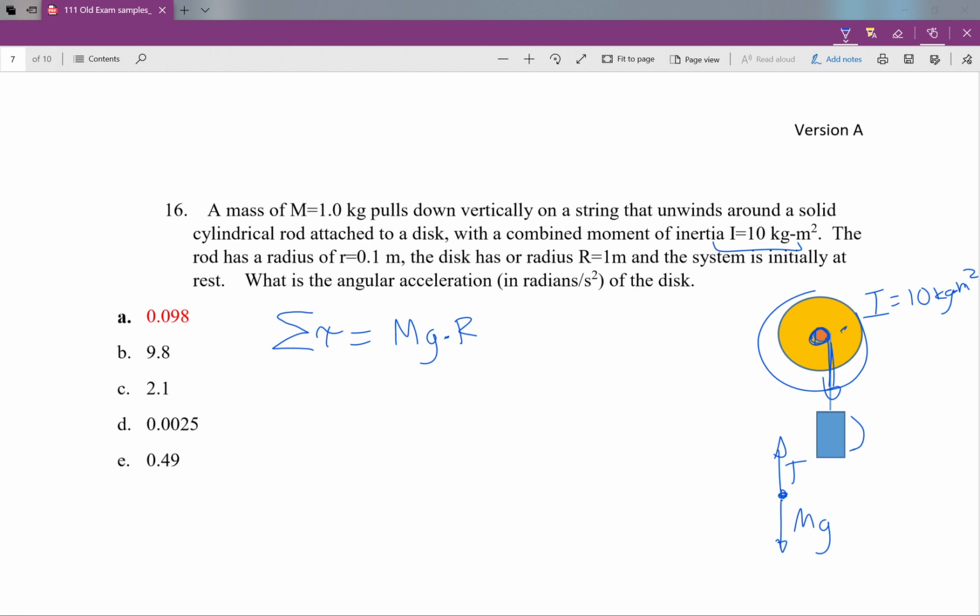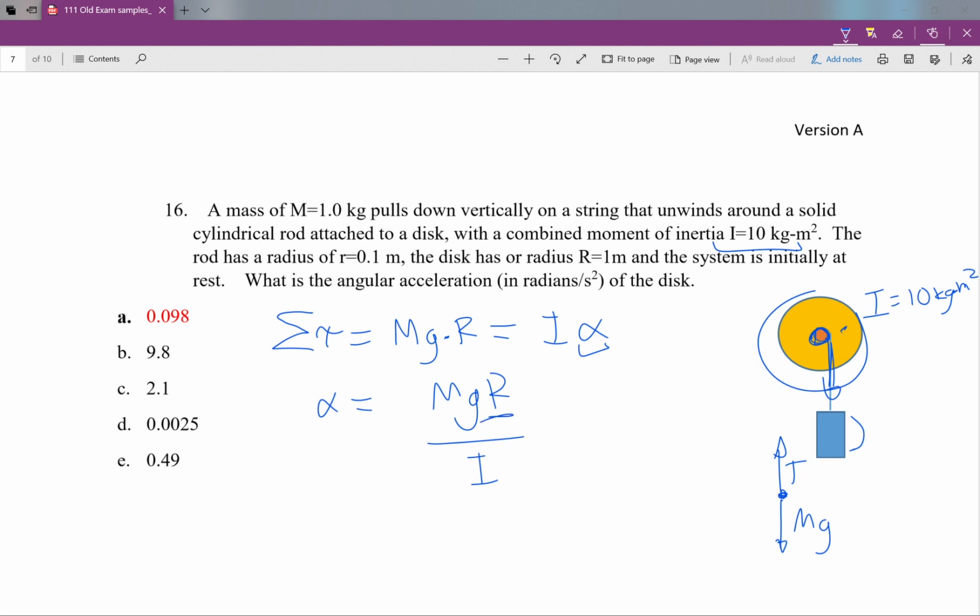We're looking for the radius of the disk. And then that's equal to the moment of inertia times the angular acceleration, I alpha. And we're looking for the angular acceleration, so we solve for alpha. And alpha is mg times the radius divided by the moment of inertia.